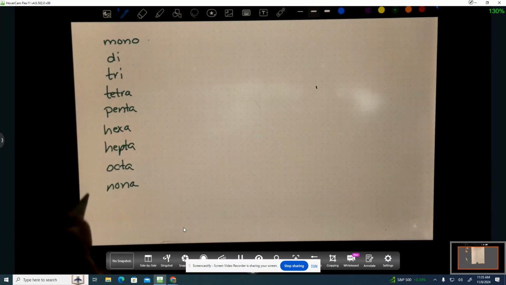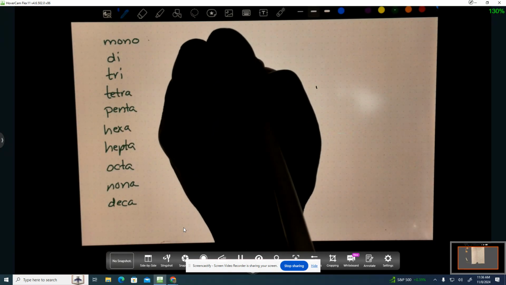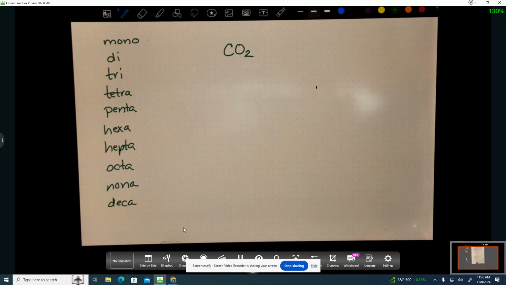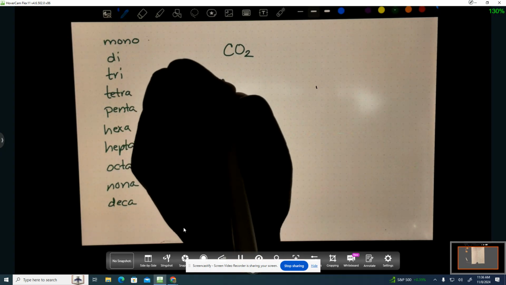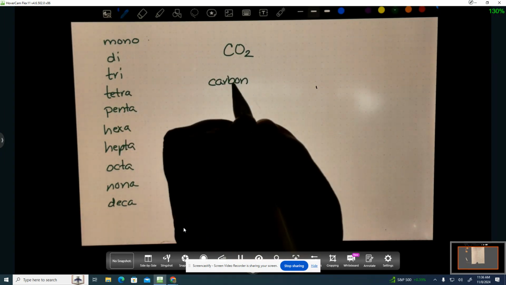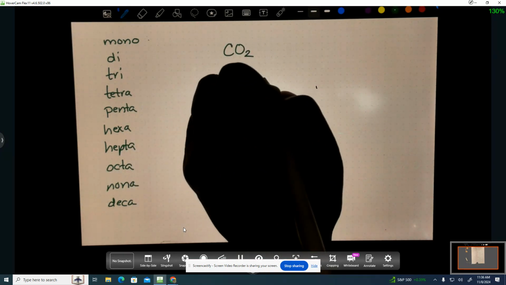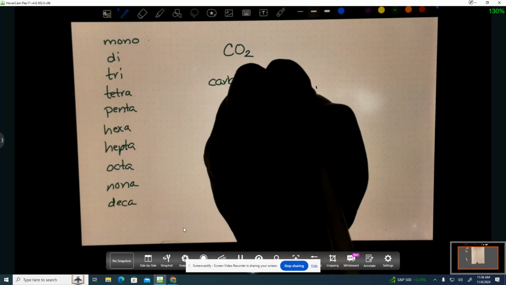Okay, 1 through 9, and then deca would be 10. So if you get something that looks like this, CO2, how do we name that? Carbon dioxide. If the first element, there's only one of it, you don't have to say mono. So you don't have to say monocarbon dioxide. You just say carbon dioxide.